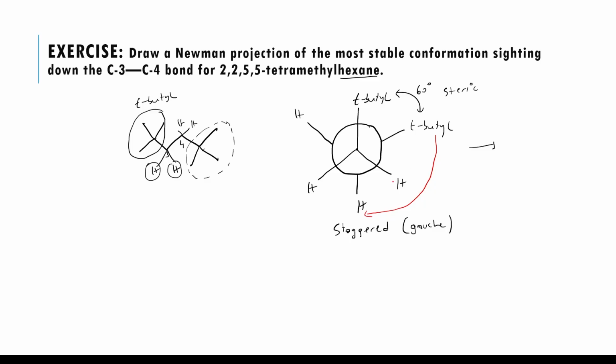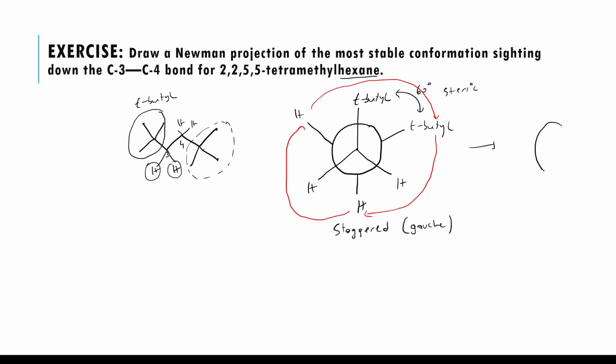I'm rotating the back carbon 120 degrees clockwise. So then this hydrogen should move to the position of this hydrogen, and then this hydrogen should move all the way to the position of this t-butyl. I will generate another Newman projection. Then let's draw that Newman projection.